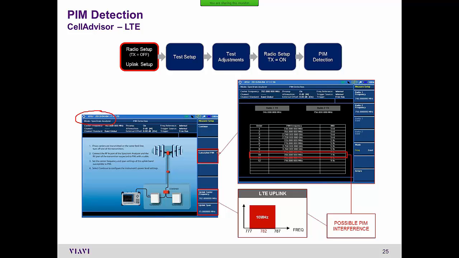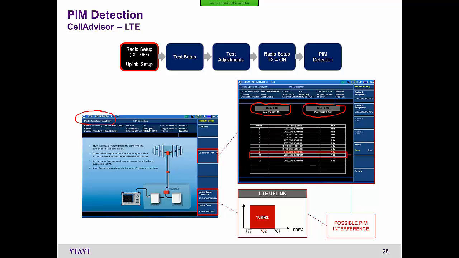You'll get this screen that will come up, and on this screen there's an option called Calculated PIM. Essentially, what you can do with Calculated PIM is put in 2 different frequencies, and by entering them, see what frequencies and what level of intermod would actually hit your receive.